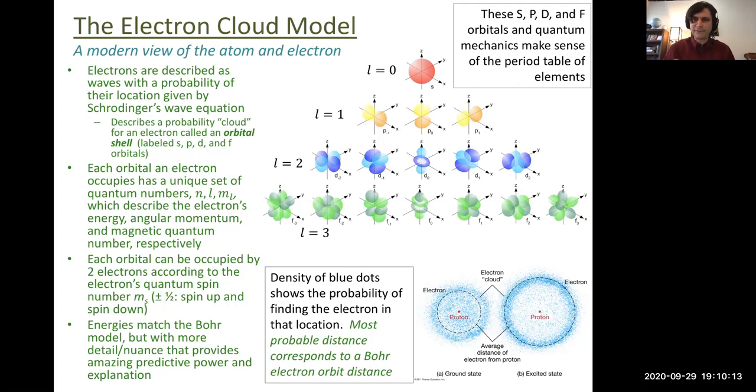And what we're after for this interaction between light and matter, or at least for the purposes of this class, is the energies of the electron matching the energies of a photon. So why don't we just use the simple Bohr model if it's going to get the thing that we want, the energies, correct? Which is why we're going to use the Bohr model in this class instead of this awesome, mind-blowing electron cloud model.